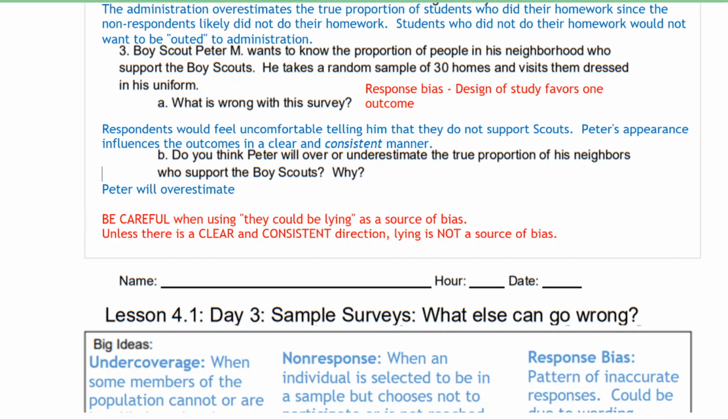In any survey, there's no real way to account for lying respondents, or respondents who are falsifying their responses. So it's really difficult to say that in this case it's not a bias. There has to be that clear, consistent direction to that lying or that falsification before we can call it a source of bias.